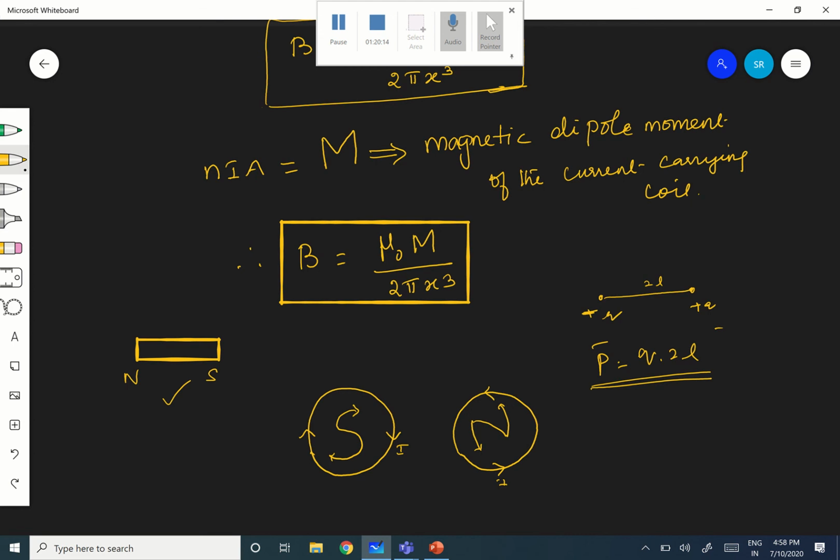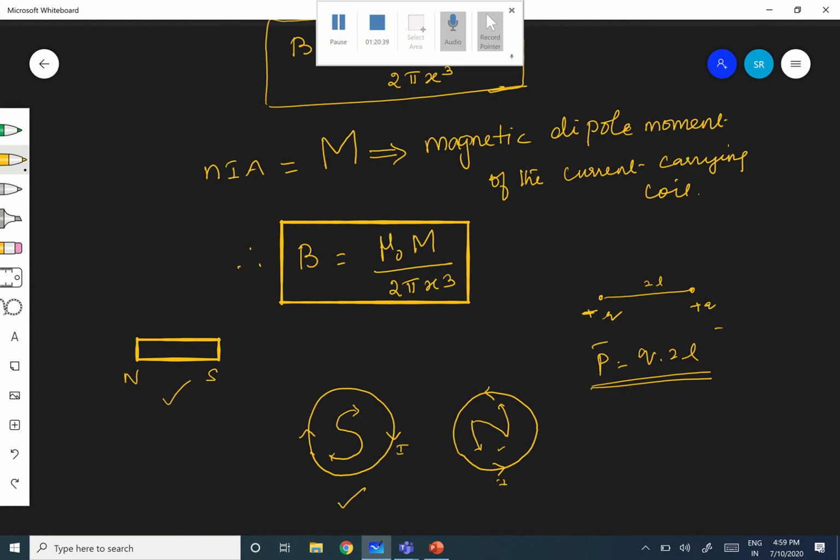And if for you it is anti-clockwise, then for your friend on the other face it will be clockwise. Like that only, here for you it is clockwise, and if your friend at the other face sees the same coil, for him the current will be in the opposite direction, anti-clockwise.